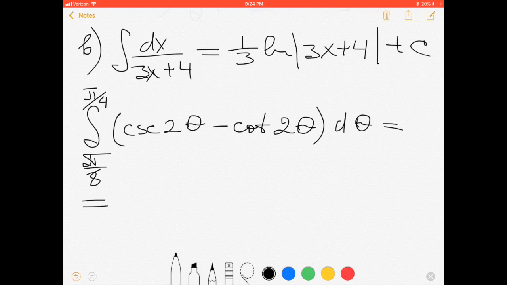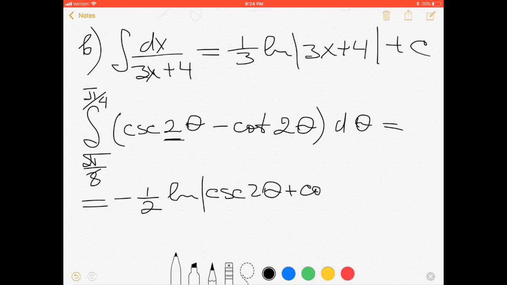The integral of cosecant gives natural log of cosecant plus cotangent, but because we have 2 here, we have minus 1/2 natural log absolute value of cosecant 2 theta plus cotangent 2 theta.